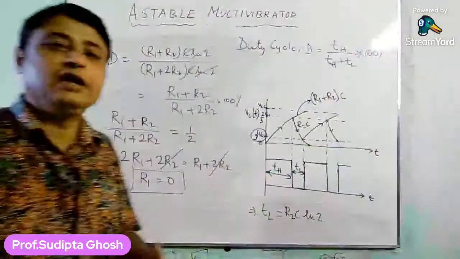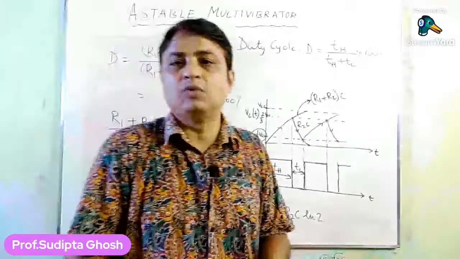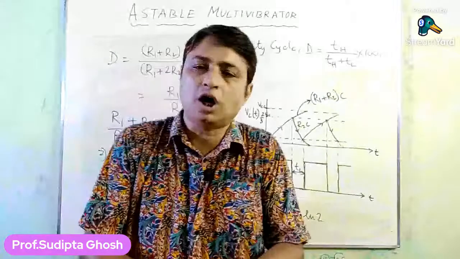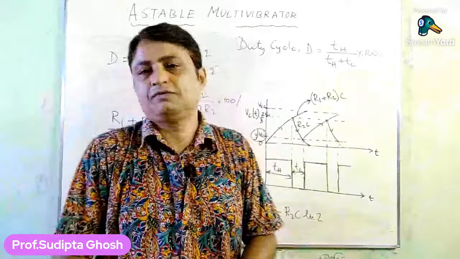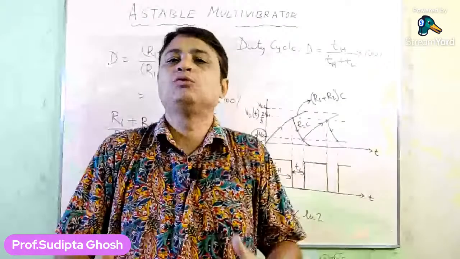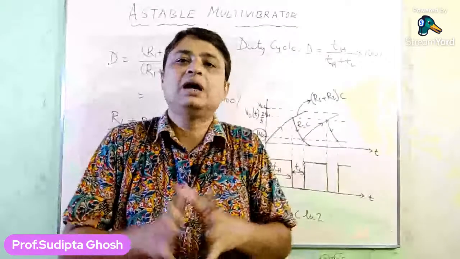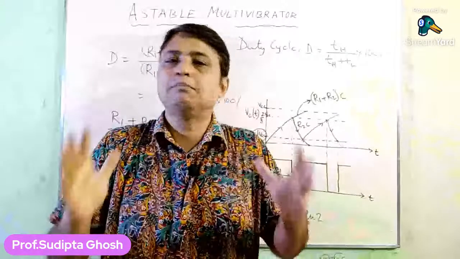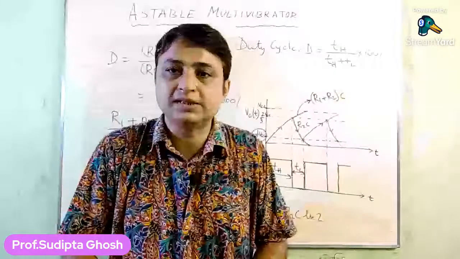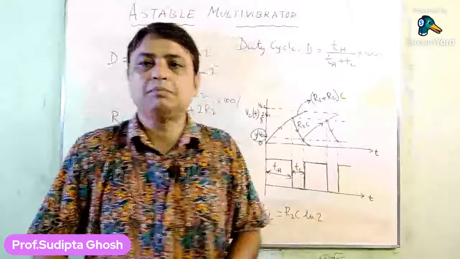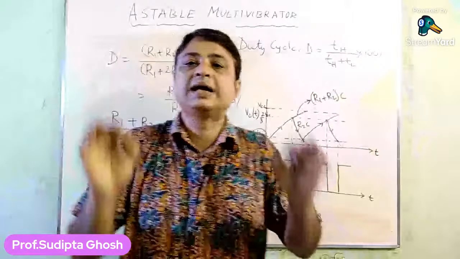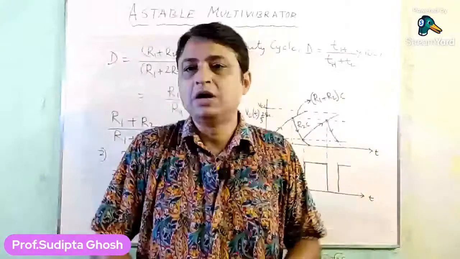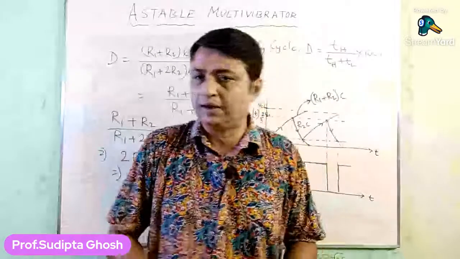So if we put the value of R1 equals 0, that means we have to just connect a short in the circuit, and that will not be an astable multivibrator circuit. So the conclusion is, from a simple astable multivibrator circuit, we can't get a square wave.